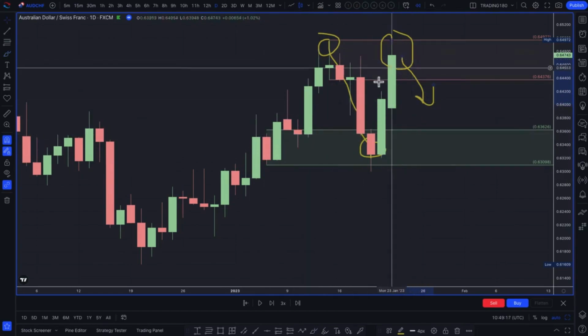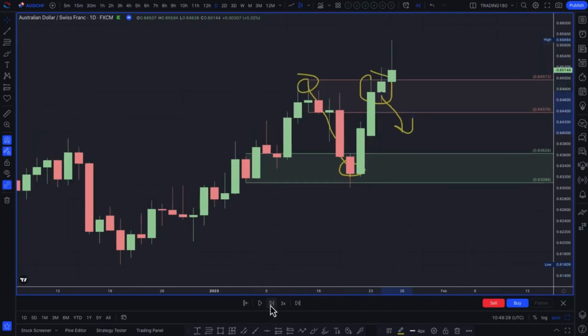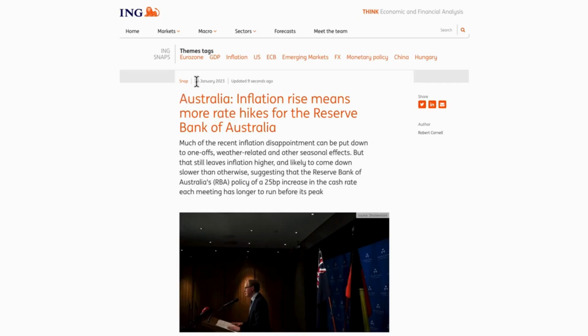Where we're at now is that traders would be looking at short trades, looking to go short, not understanding that in fact the Australian dollar was a buy. Even more so because on that day, the 25th of January, this is an article from the 25th of January 2023: inflation rise means more rate hikes for the Reserve Bank of Australia.